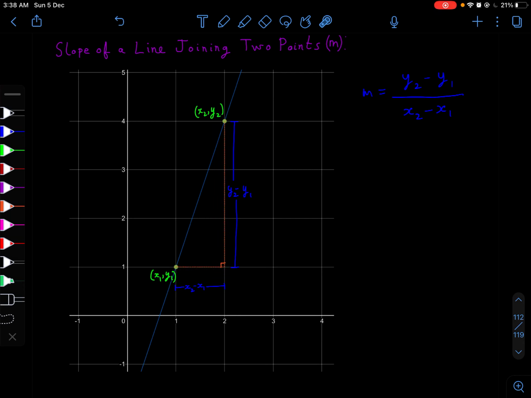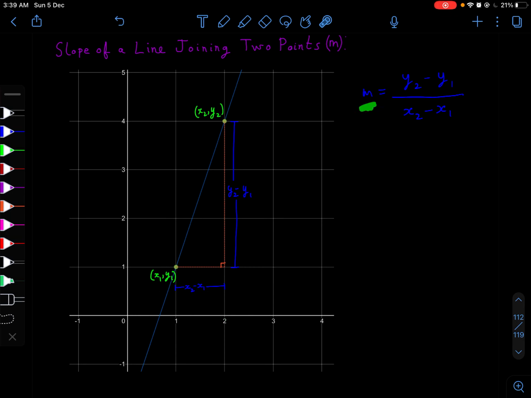Now if we have to find the slope at one point, it's like we have 2 points where the x coordinate and the y coordinate are the same for both. So suppose this point is a comma f of a, and I need to find the slope of the tangent at this point.